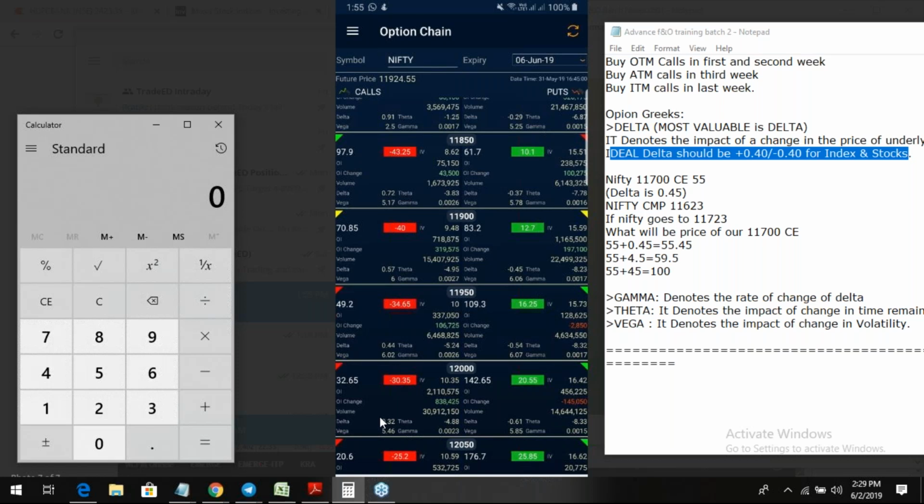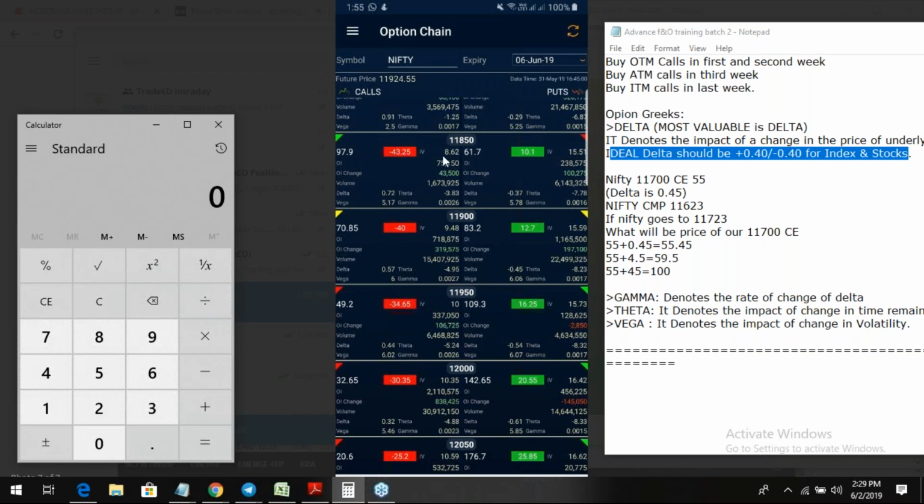Sanjay, does gamma change during the day? Of course, it changes during the day. Gamma also changes, theta also changes, vega also changes, delta also changes. Here you have a refresh button, right? But this is 10 minutes late data.